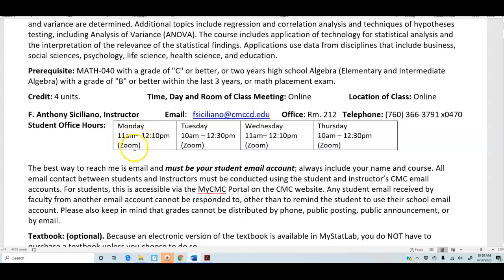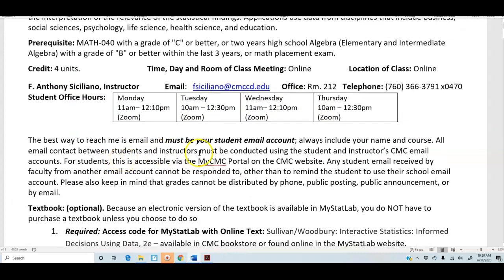So if you want a specific question, then we can set up a Zoom conference for either of those times that are listed there. Now, the best way to reach me is email and it must be your student email account. Always include your name and course. All email contact between students and instructors must be conducted using the student and instructor's CMC email accounts.